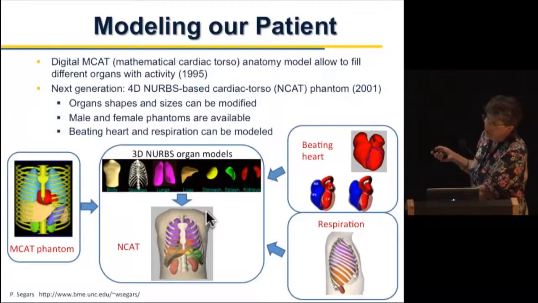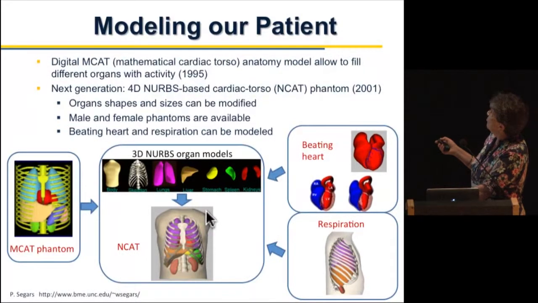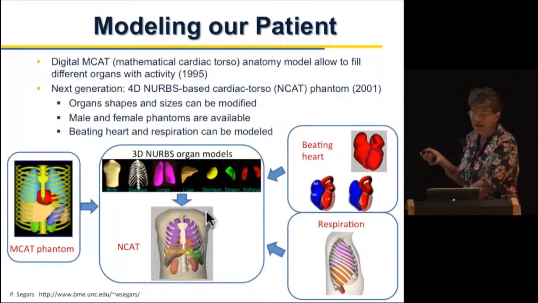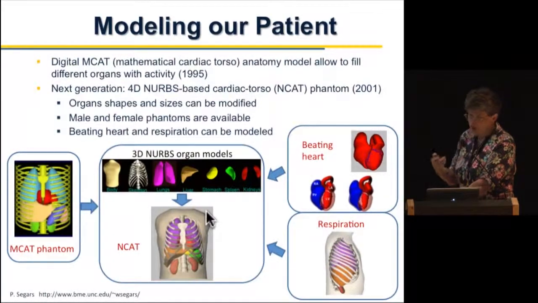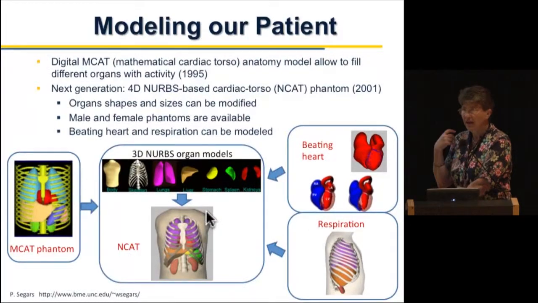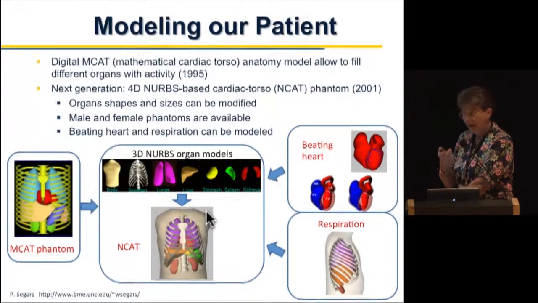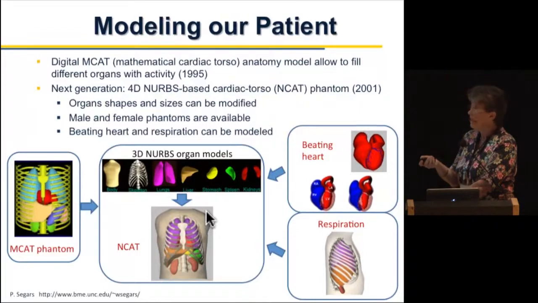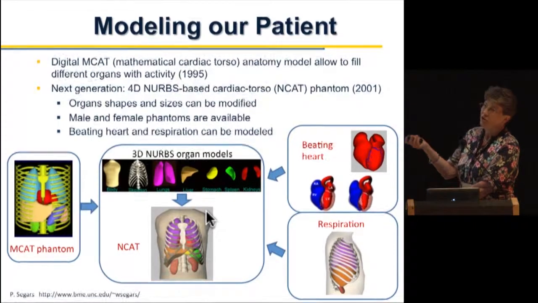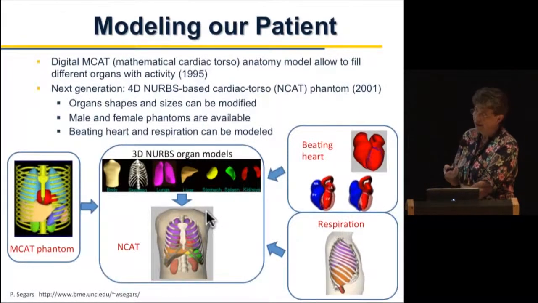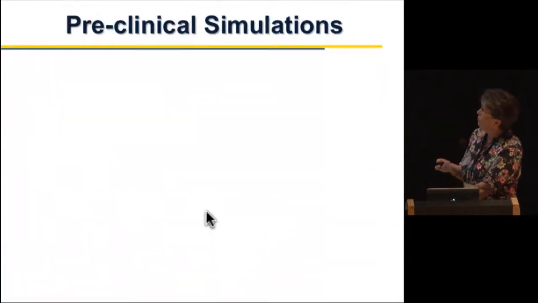Recently, actually maybe not that recently, movement has been added. So we have a beating heart, we have respiration. We can combine them all, and then you input activity and you model the patient. You model your imaging system to create data, you reconstruct the data, and you try to see how accurate you are.